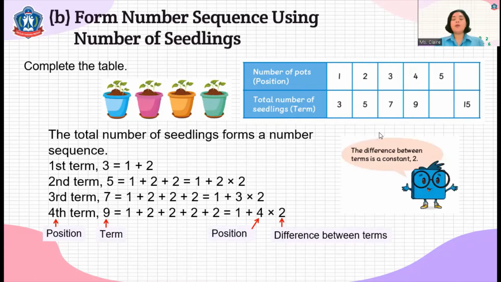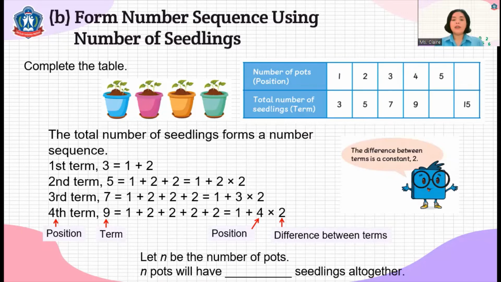The 2 here is our constant, the number that we always use when we go to the next term. Therefore, our position to term rule is 1 plus n times 2, where n is our position.